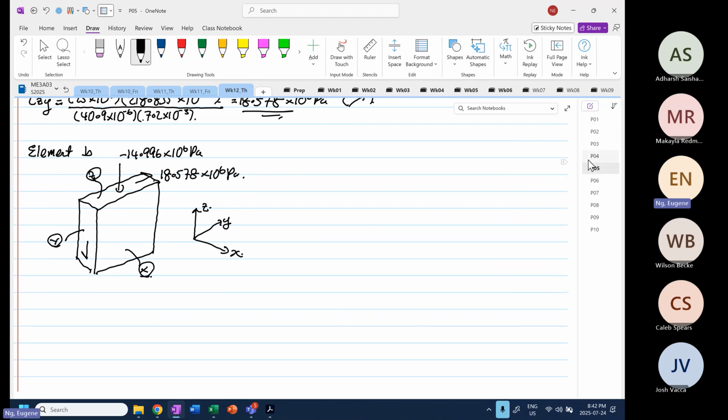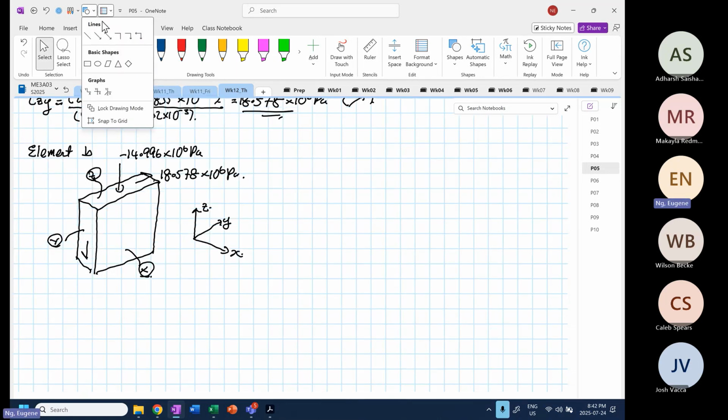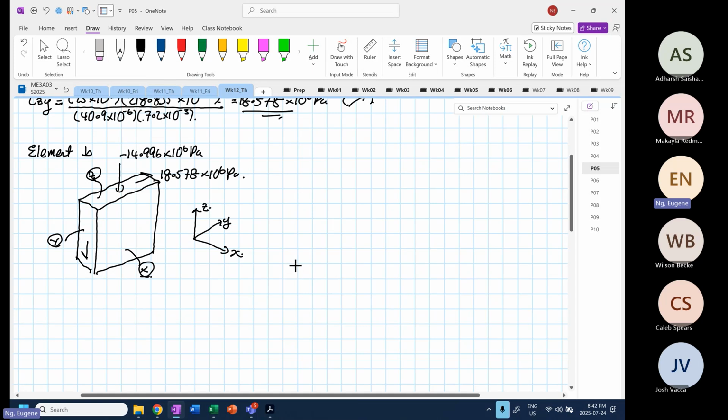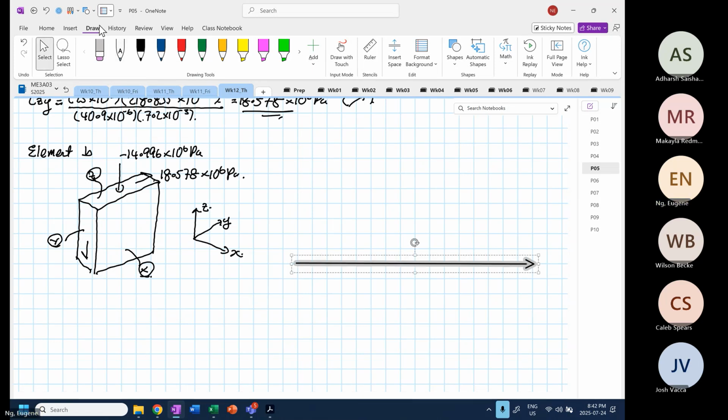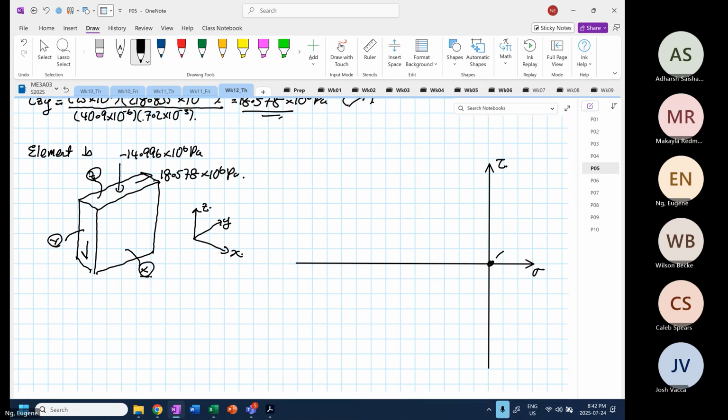So if now we were to sketch our Mohr's circle, we are going to focus on the compression region now, right? So this is our normal stress, shearing stress, and we know over here, our point X is here, okay?